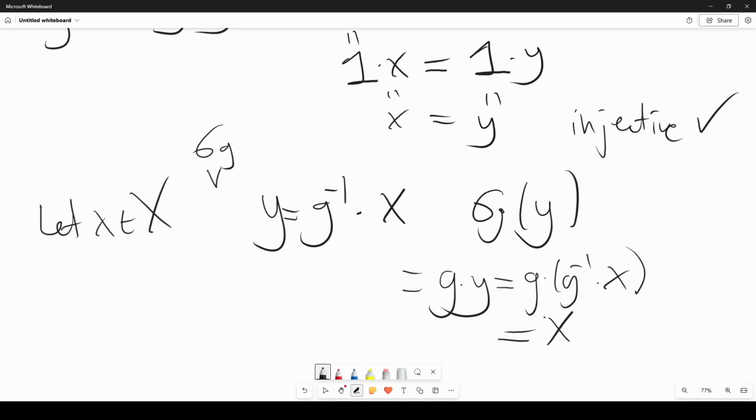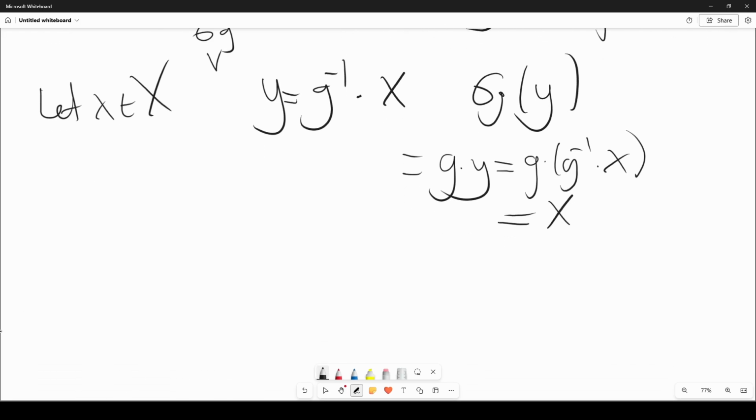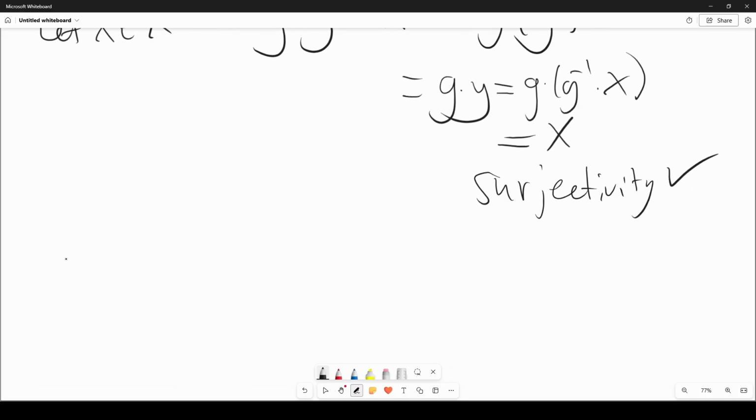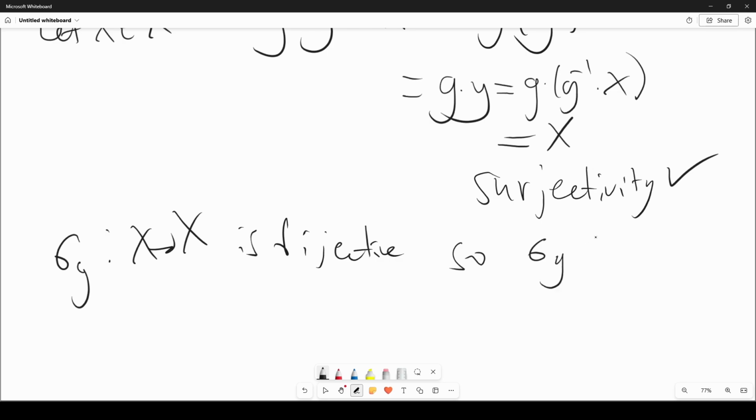This implies that, as we wanted, sigma g is surjective because I can take any element, find something in the set, and sigma g of that thing will send to x. So this proves surjectivity. And thus, sigma g going from X to X is bijective. So sigma g is a permutation of the set X.